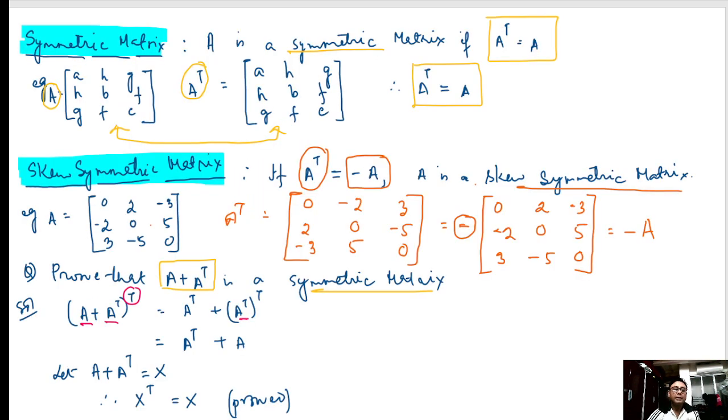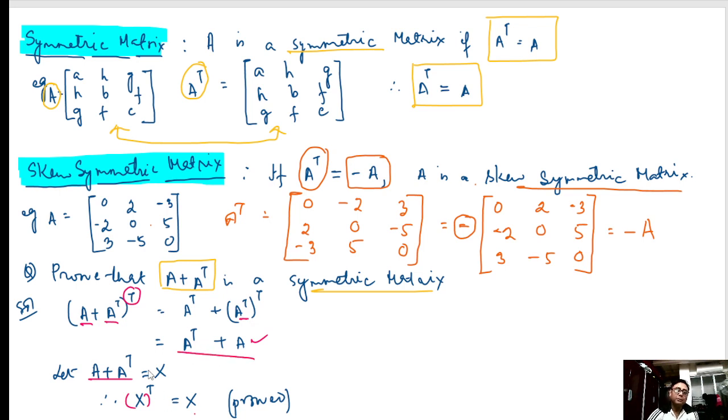So if I apply the transpose here, this is giving me the original matrix. That means this is A transpose. If I take this as X and do the transpose of X, the transpose of X gives me X itself.